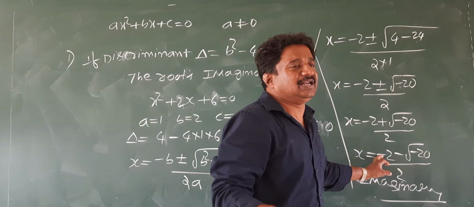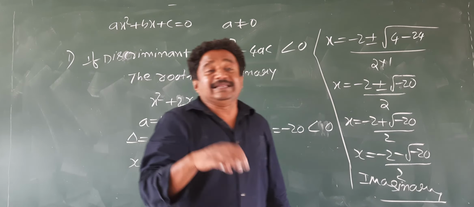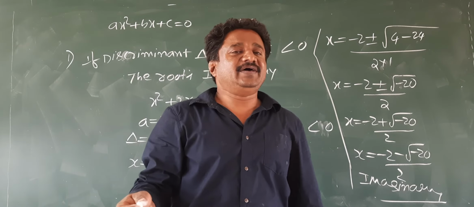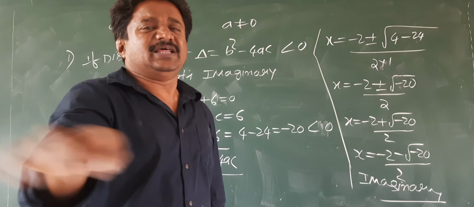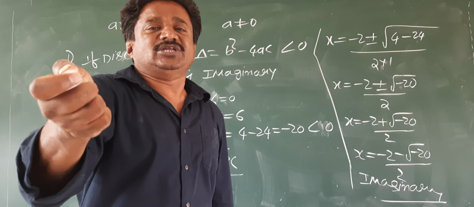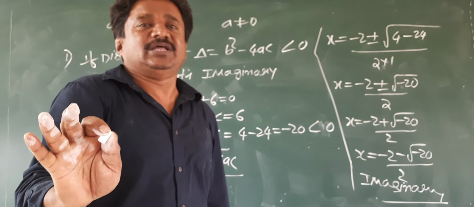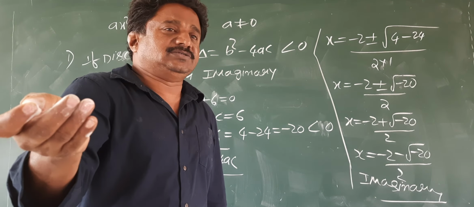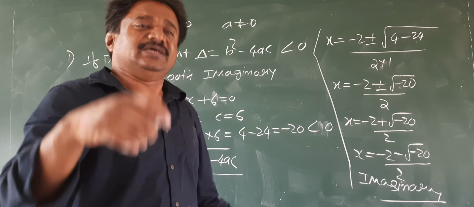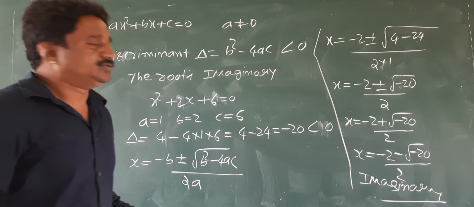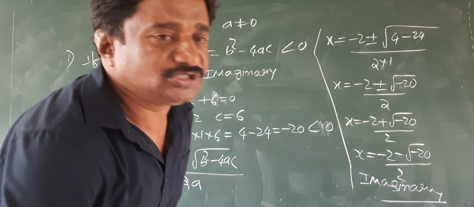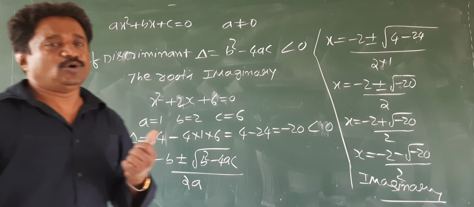Imaginary minus real is also imaginary. Real plus real is real, whereas imaginary plus or minus any real quantity, imaginary divided by any real quantity, or imaginary into any real quantity is imaginary only, right? So I am going to give questions on this. You solve at home, students.